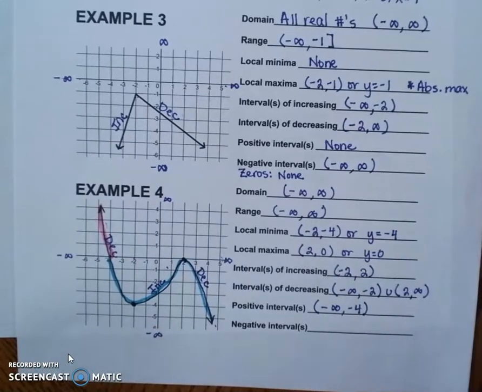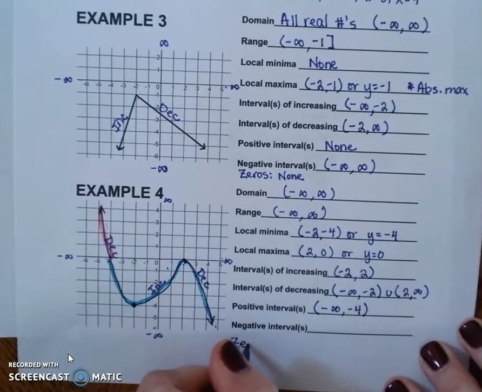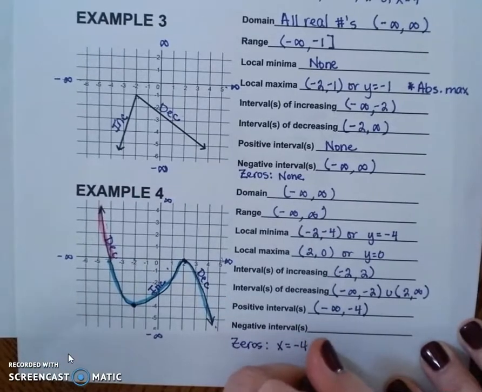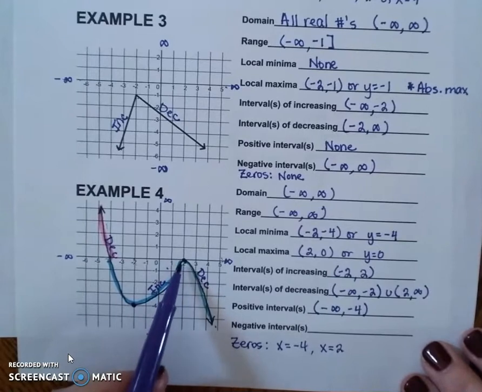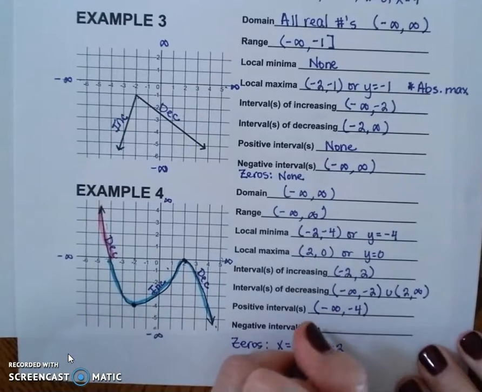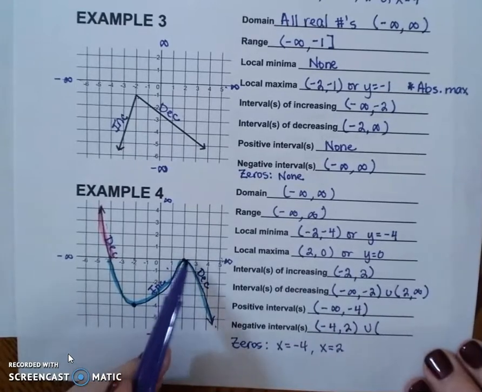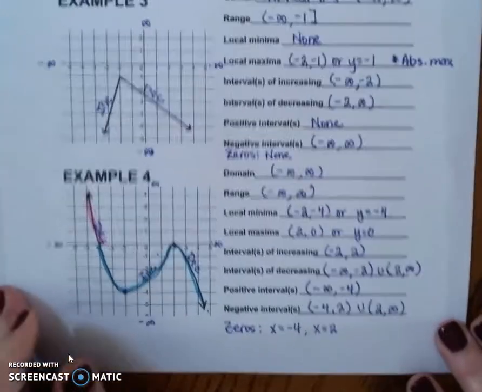But if you look at x, we have zeros. So I'm going to jump ahead just a second. We have zeros at x equals -4 and x equals +2. So if you're on the x-axis, that's neither positive nor negative. So we're going to describe this portion. So x values of -4 to +2, or from 2 to infinity, it's below the x-axis.